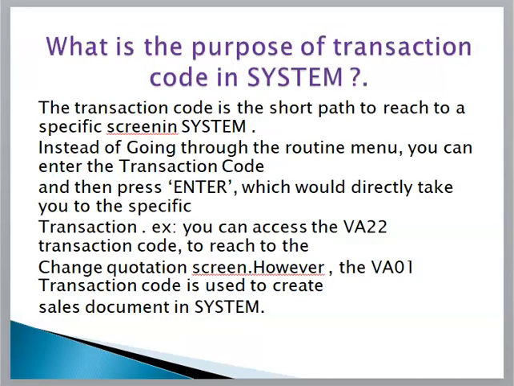What is the purpose of a transaction code in the system? Answer: the transaction code is the short path to reach a specified screen in the system. Instead of going through the routine menu, you can enter the transaction code and then press enter, which would directly take you to the specified transaction.